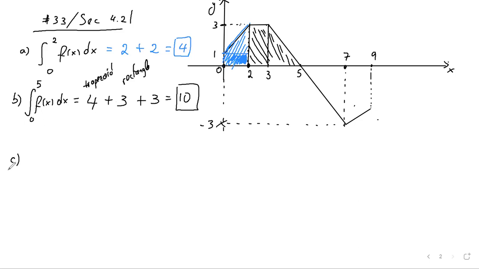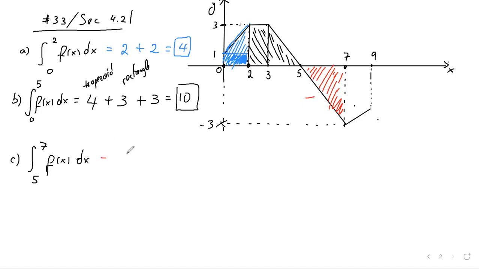Part C, the integral from 5 to 7. When we do the integral from 5 to 7 of f of x dx, let me color that with red. So we're looking at this part here. The graph goes below the x-axis, and remember, the area is with minus this time around.